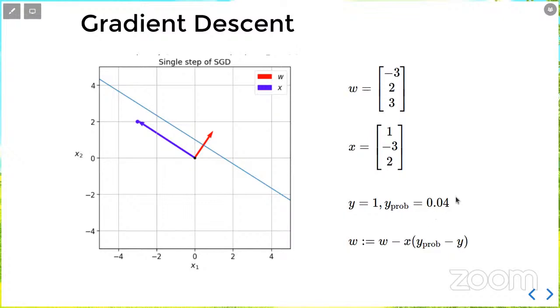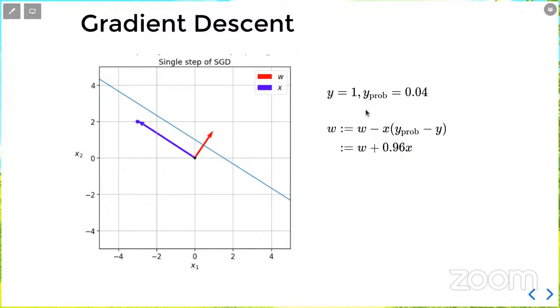If you use a threshold of 0.5, I will predict it as class 0. So I'm going to apply this descent update rule: W equal to W minus X times (y probability minus y). This is the same as adding 0.96 times X.